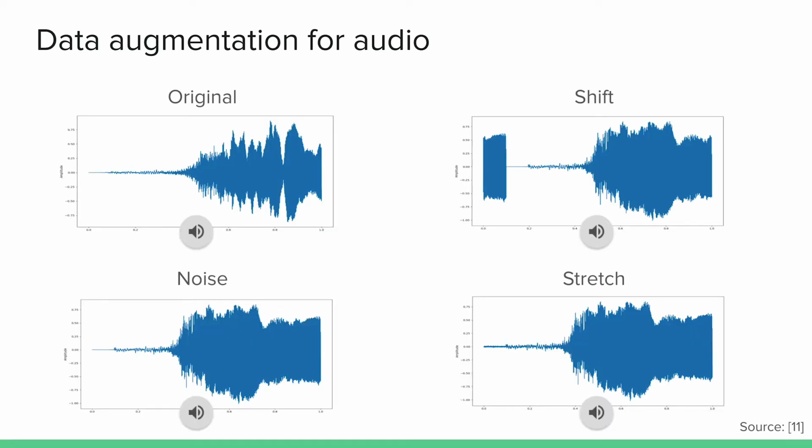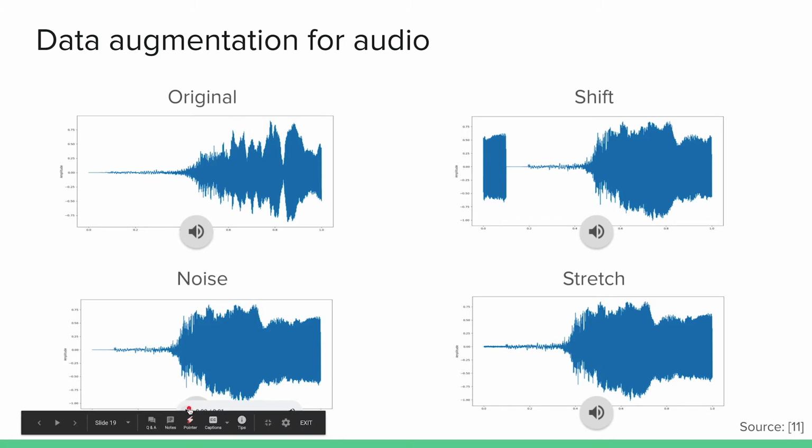Let's take a quick look at some examples of these augmentations, how they sound like. So that's the original. Let's shift the end to the beginning. So it cut some part of the end and put it to the beginning, or it was maybe a different part of something that came before.